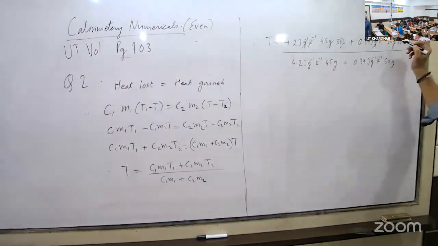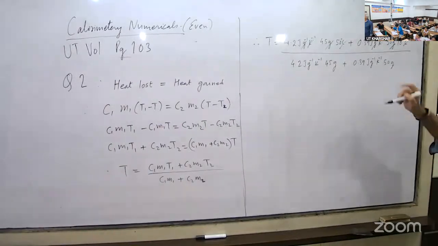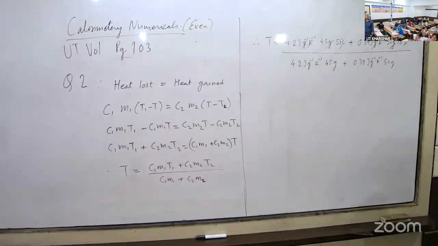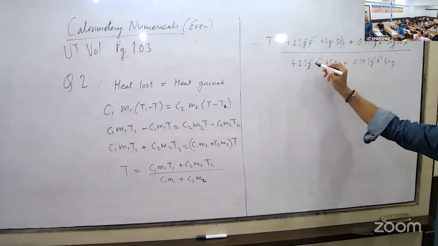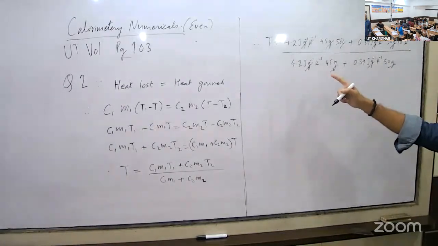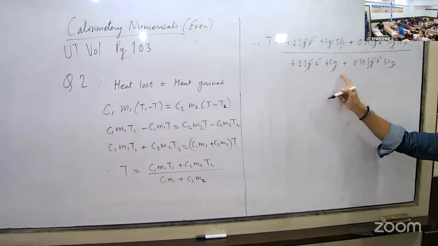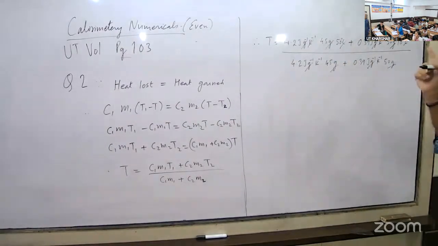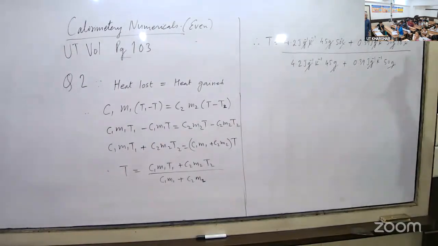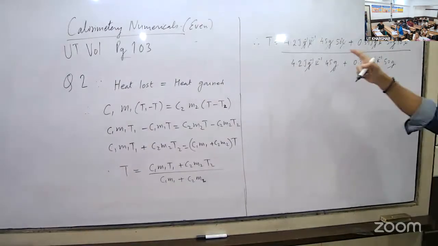So what will remain? Yes, this is correct. And here gram and gram will get cancelled. Then we have this gram and gram. So what is remaining in the denominator is joules per Kelvin. And what is remaining in the numerator is only joules. So in the final unit calculation, it will only be Kelvin. This answer is joule.